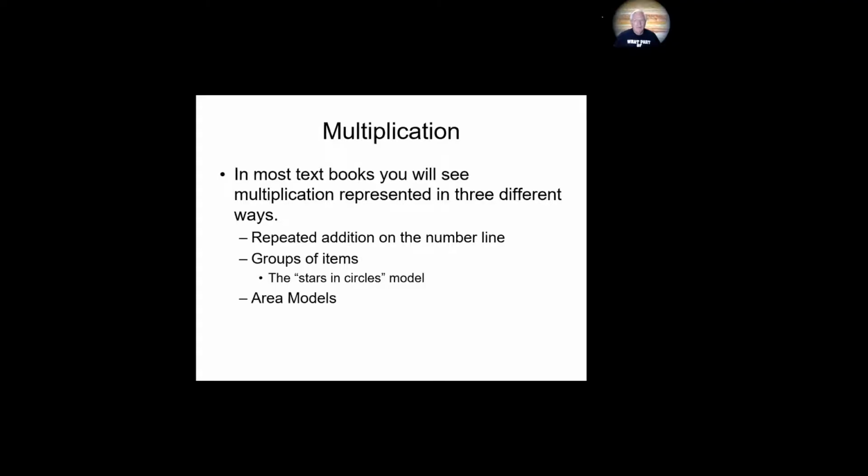It's only fair to tell you that in our local area and in most of the textbooks you're going to see in the schools, you're going to see multiplication represented in probably one of three different ways. So I want to illustrate each of those for you. You're going to see it as repeated addition on the number line. You'll see it as groups of items, and I'll call this the stars and circles model.